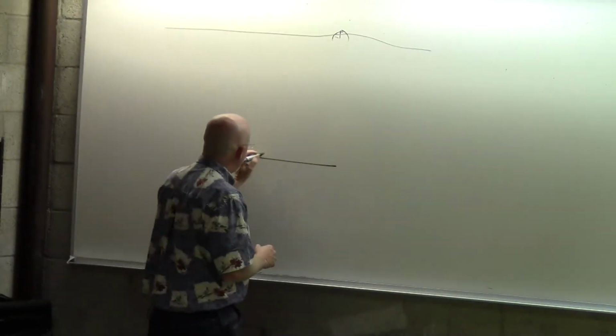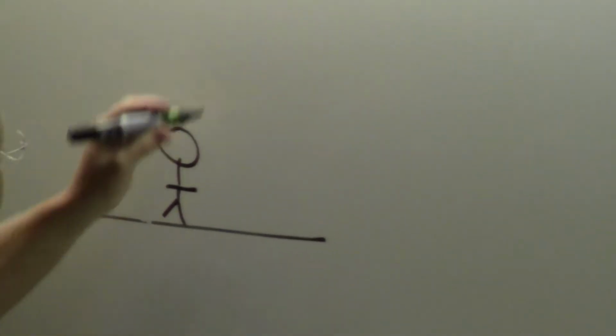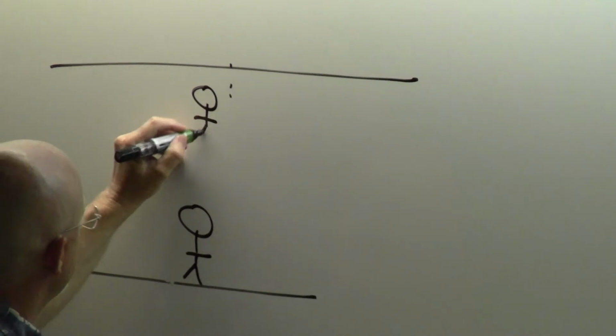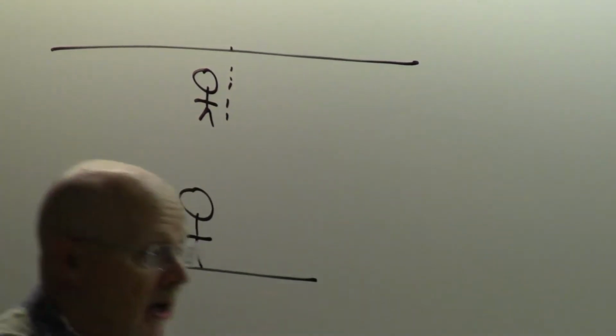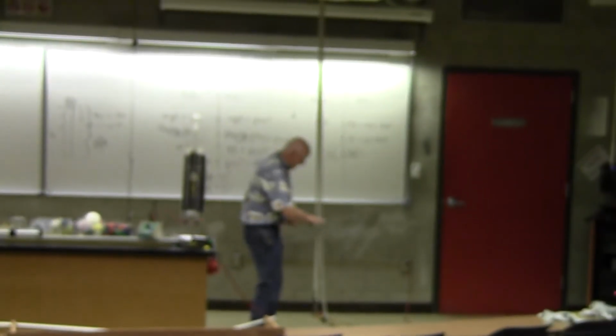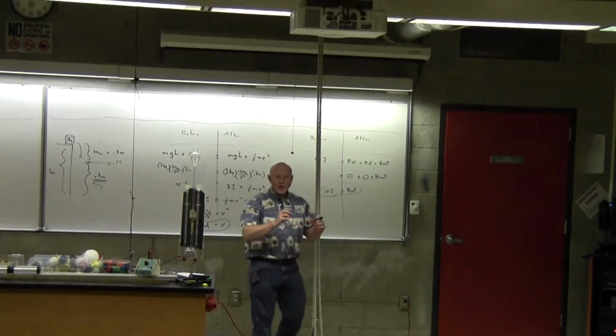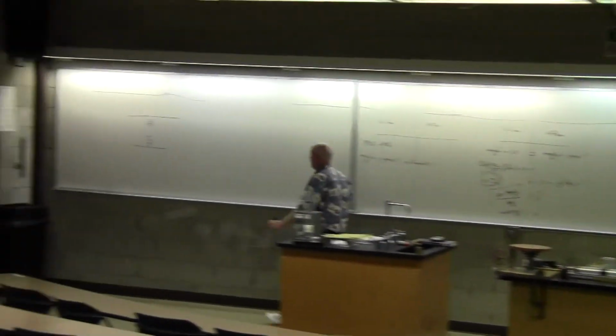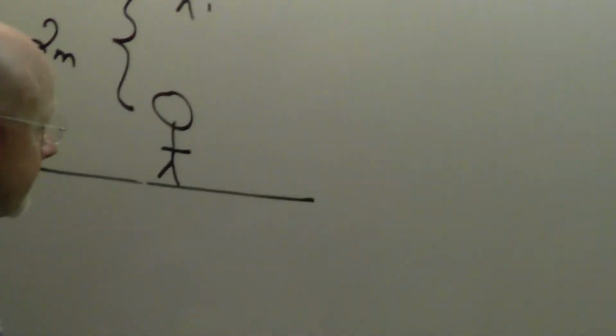And so if I were to start down here on the ground level and climb that rope up to the ceiling, or maybe not all the way to the ceiling, but near the ceiling, maybe I'll go 2 meters. If we take my center of mass, maybe here, imagine me going up 2 meters.